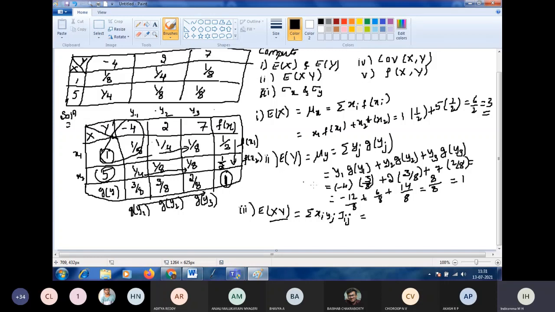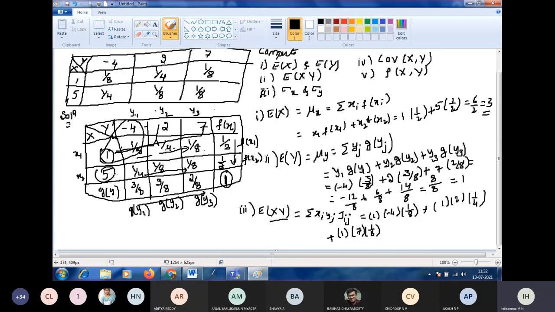That is 1 into minus 4 into 1/8, plus x value, y value into f12, that is 1 into 2 into 1/4, plus 1 into 7 into 1/8, plus it will continue and should cover the complete table except the marginal values. Don't consider the marginal values.